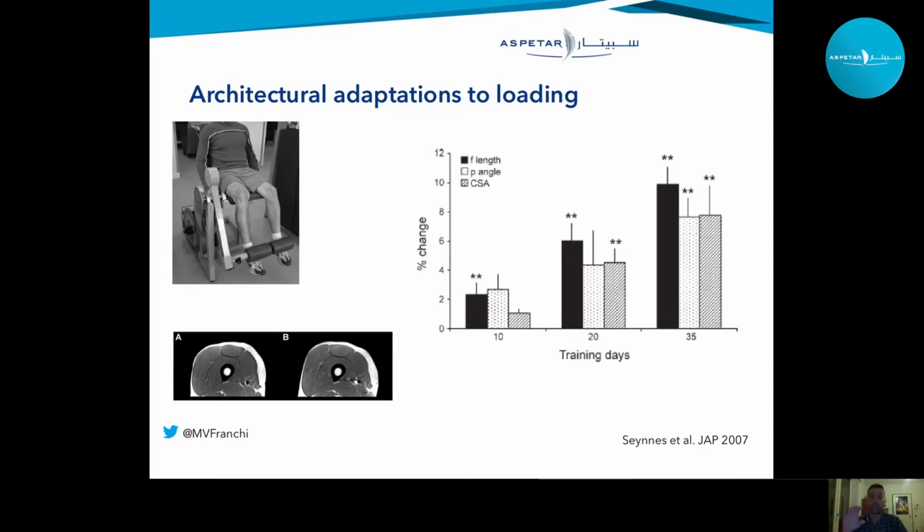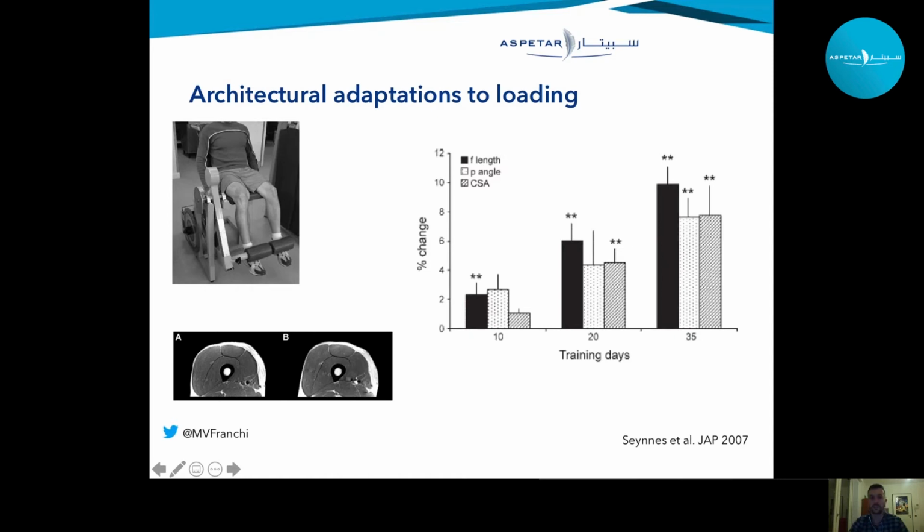But muscle architecture has also been shown to adapt very, very early in a training program, in a training regime. You can see that fascicle length has been shown, in this elegant study by Olivier Seynnes, to change already after 10 days of, in this case, isoinertial leg extension, I suppose, because this is a yo-yo system.